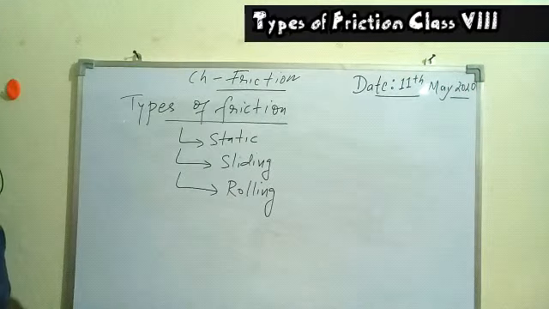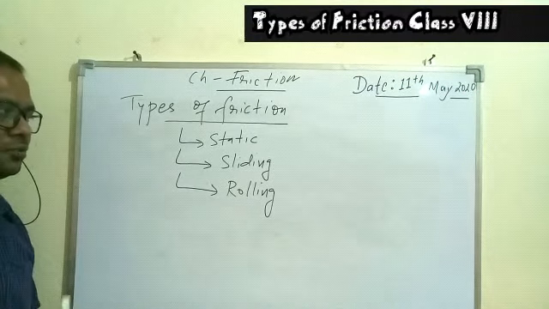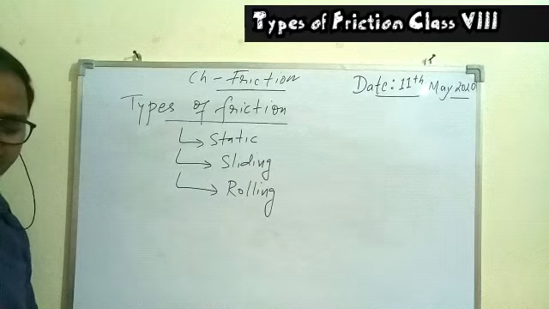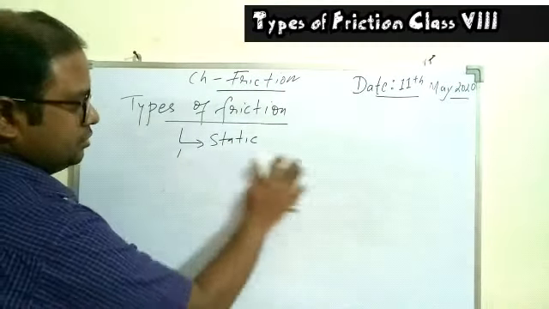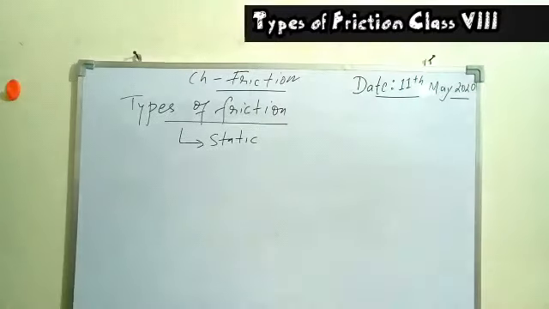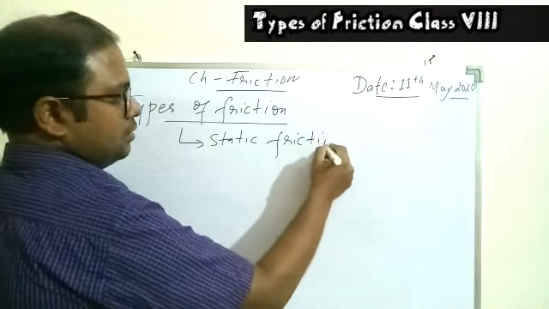We are going to discuss all the three one by one, and we will try to take examples also so that it will help us to understand the concept properly. So very first let's start with static friction, then we'll go for the next.